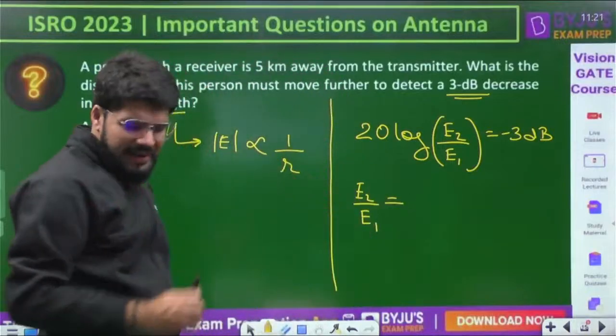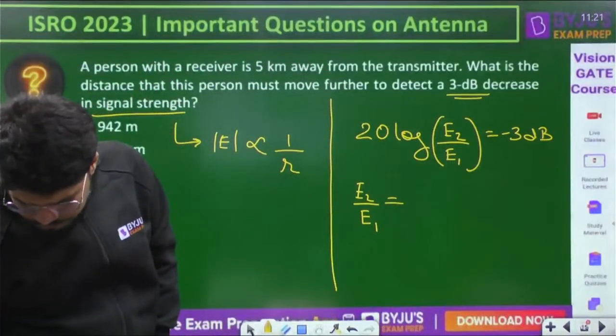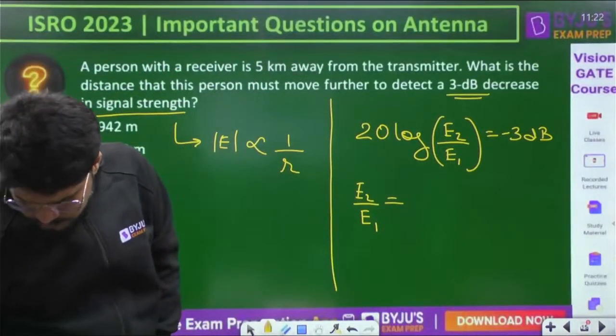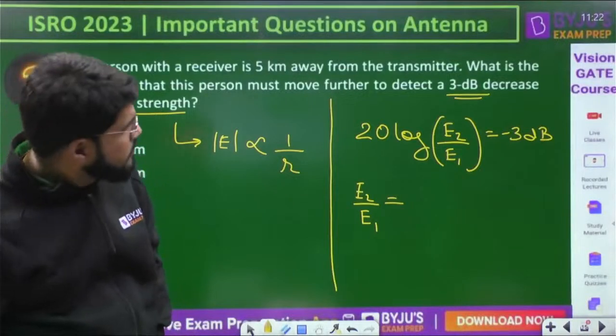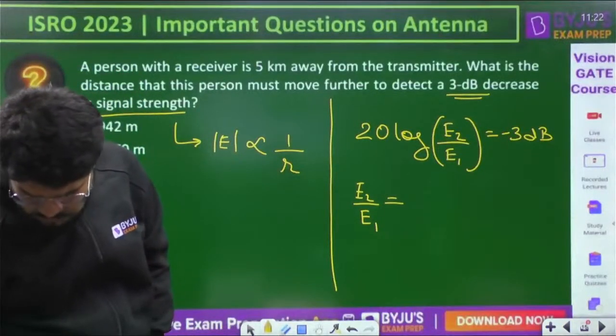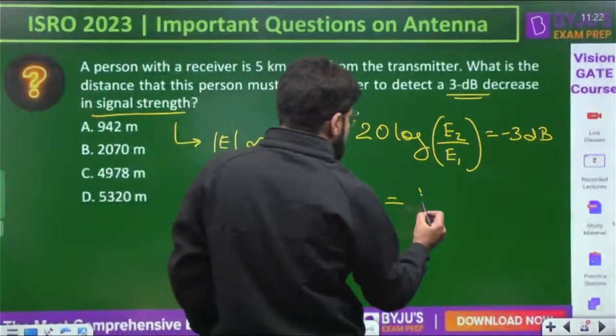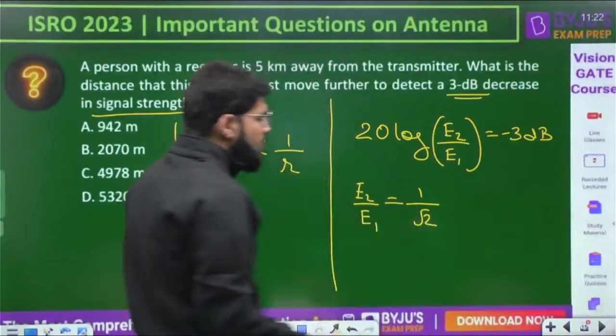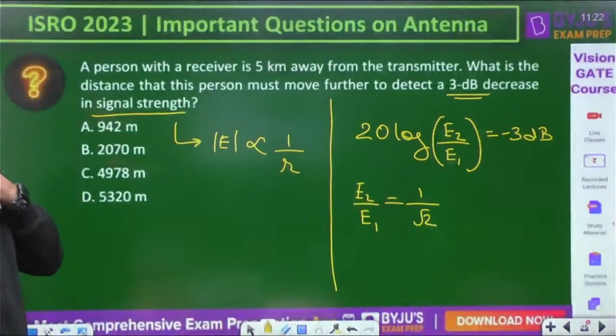Minus 3 by 20 and then you take the 10 power. This is going to be 1 by root 2 basically. Okay, E2 by E1 is 1 by root 2, in the absolute form.